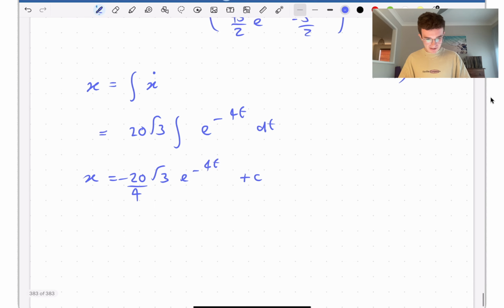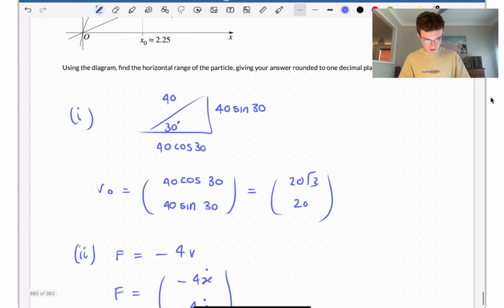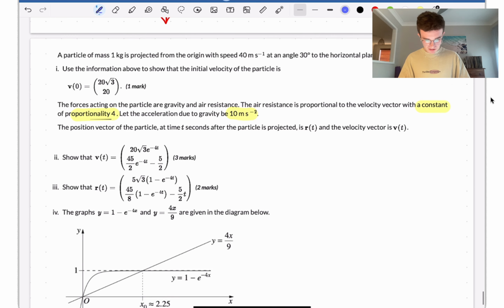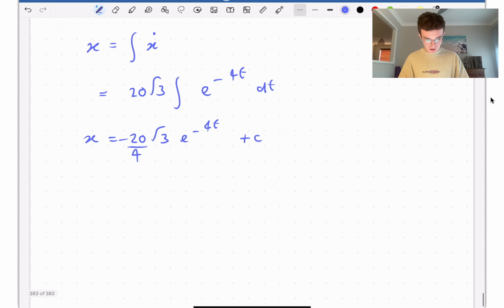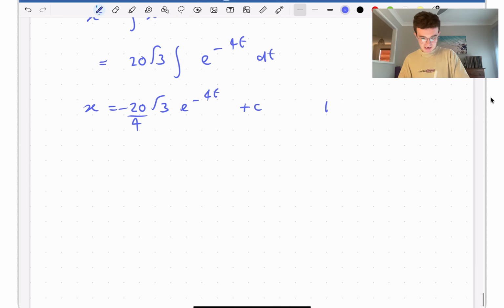Now let's think. When time is 0, we're starting at a displacement of 0 because we're starting at the origin. So t equals 0, x is equal to 0. Now that's going to make c equal, 0 is equal to minus 20 on 4 is 5, so that's 5 root 3, e to the 0 is 1, plus c.